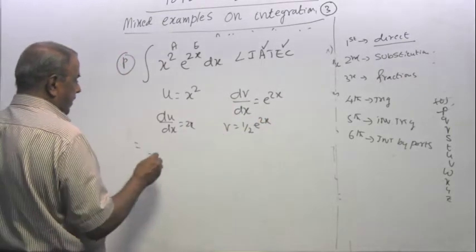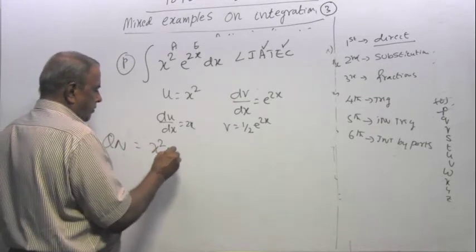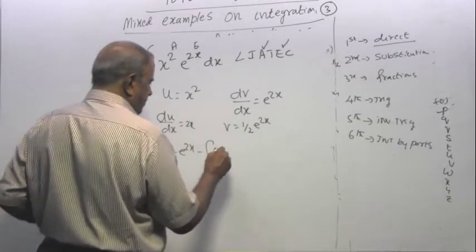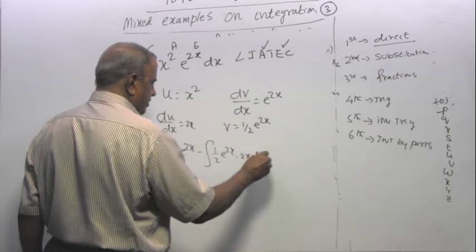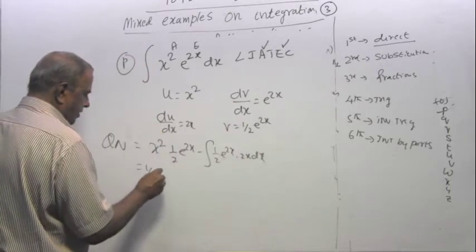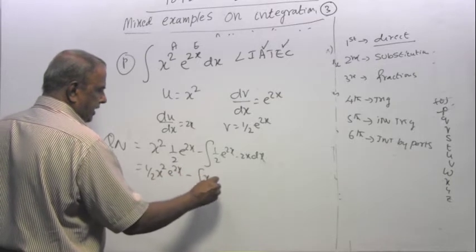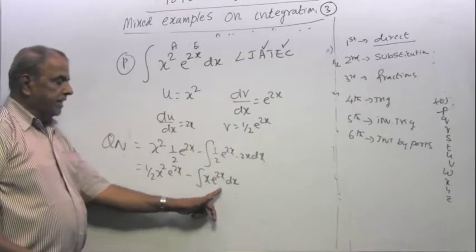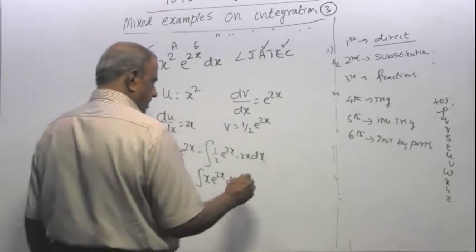So it is uv, so the integral equals u v minus integral v du by dx. So it is half x squared e power 2x minus integral x e power 2x dx. Again there are two functions, again integration by parts.